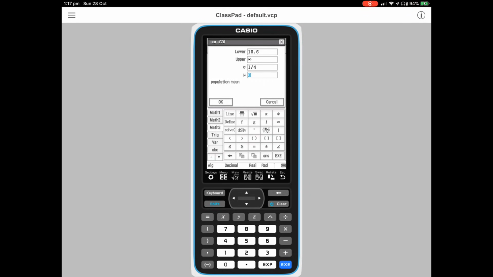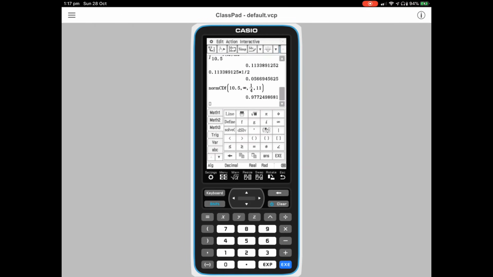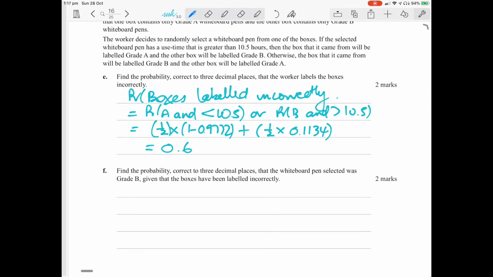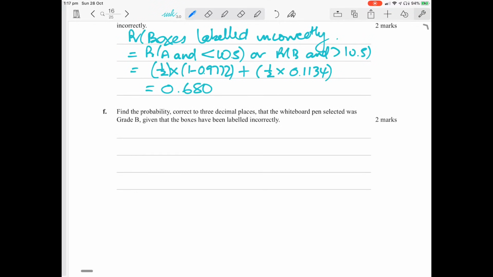So 1 minus that, times 0.5, plus that one. So 0.0680. How many decimal places did it want? 3. 0.068. So it wouldn't have mattered too much if we didn't use the right rounding.